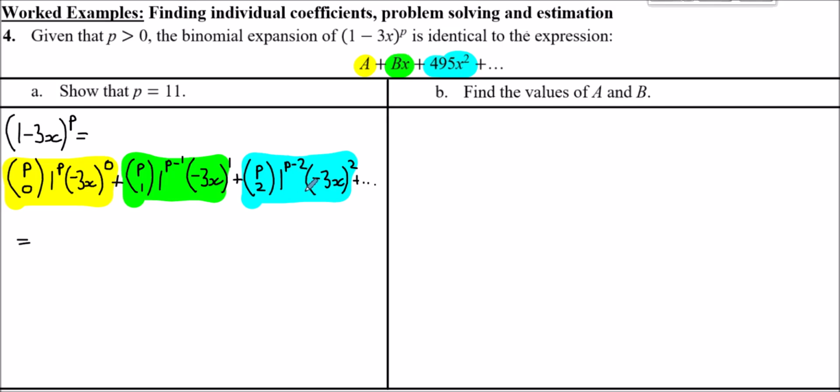Okay, so just picking on the blue, we can then say, therefore, p choose 2, 1 to the power p minus 2, minus 3x squared, that must equal 495x squared.